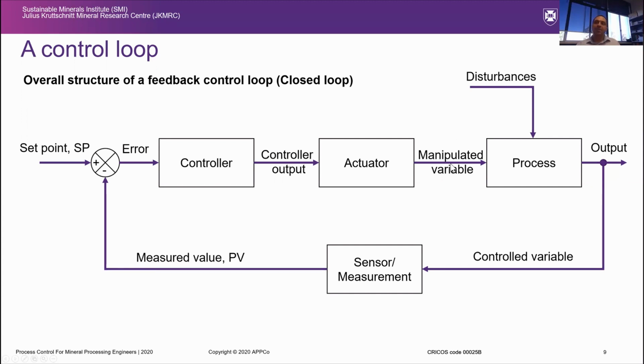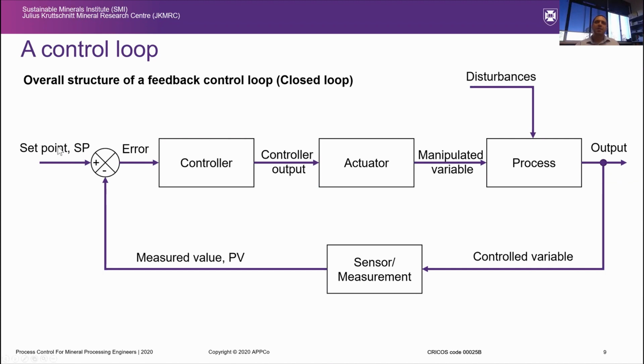And there are some factors that affect your process and you might control them, which we call manipulated variables. So essentially the way the loop works is you get a measure of your control variable using a sensor or a measurement technique, and then use that measured value and check it against your desired value that we call the set point.